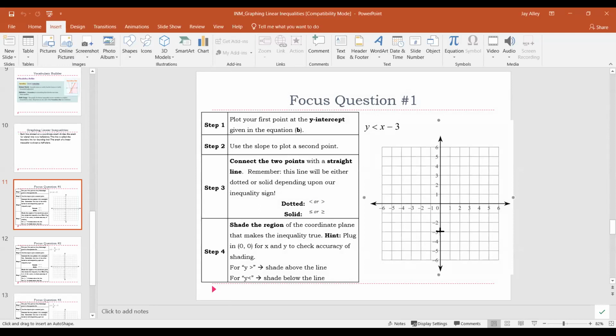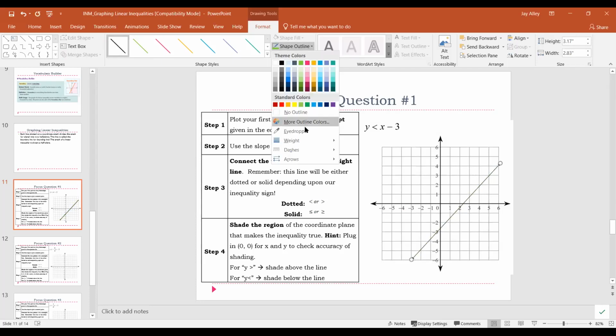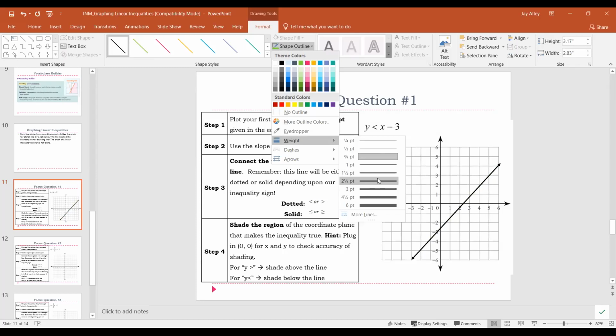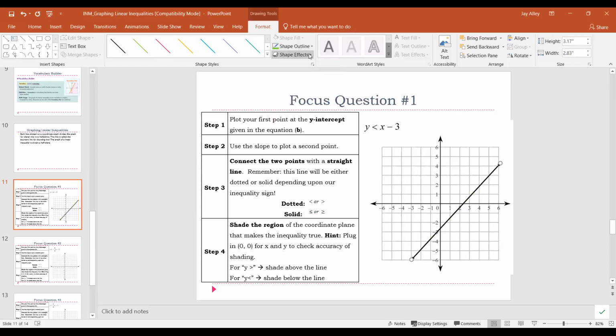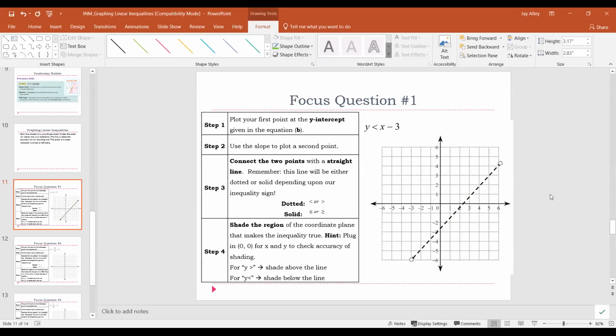Our y-intercept is here, and a slope of +1 goes in this direction. I'm going to change that style. There we go, there's my dashed line. That's my boundary line.